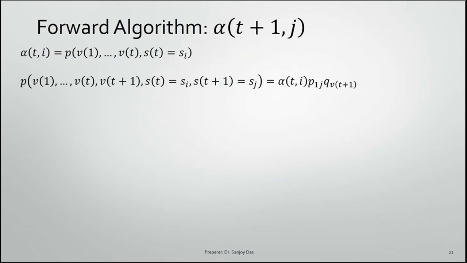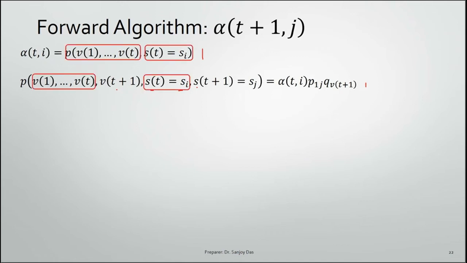So alpha ti is defined, and the probability of v1 through vt plus 1, St equals Si, and St plus 1 equals Sj, this joint probability, is given by this expression.